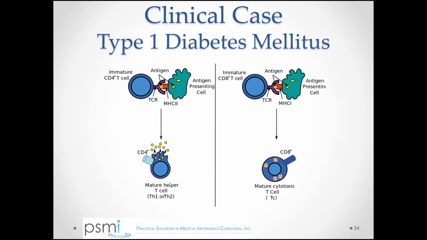So what we looked at over the last few slides was the major histocompatibility, or the HLA receptor, presenting a foreign antigen to a T cell, and that would then activate the B cells to become plasma cells. In a somewhat similar fashion, you can have an antigen-presenting cell with an HLA class 1 molecule present an antigen to a killer T cell or a cytotoxic T cell.